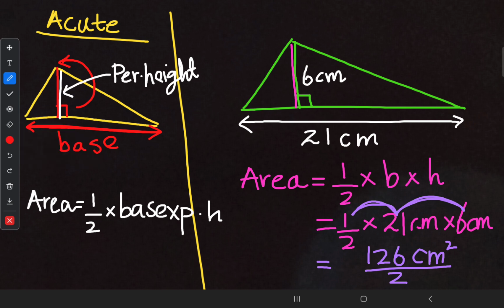When you divide, you will receive your answer as 63 square centimeters. This is the area of this particular acute triangle.